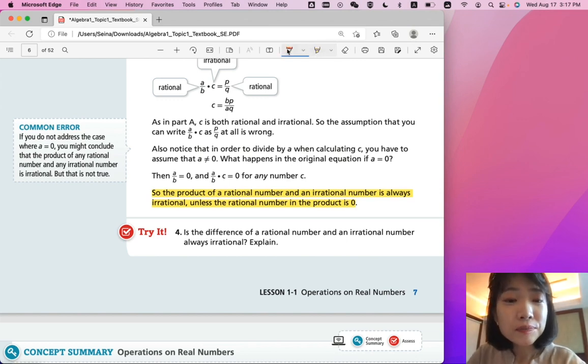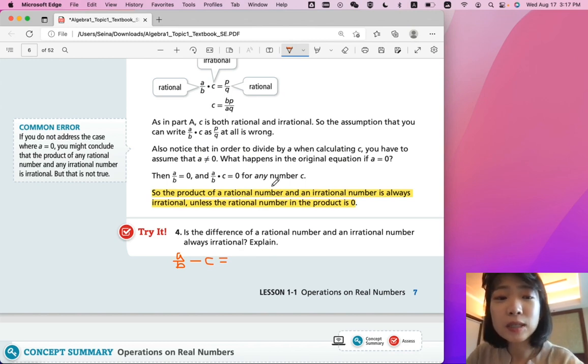Okay, are you ready? So in the same way, you can assume that a over b, a rational number, minus c, an irrational number, would be rational, p over q. And see if it works.